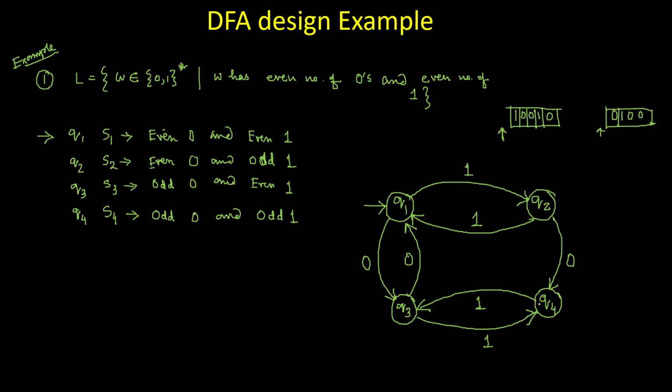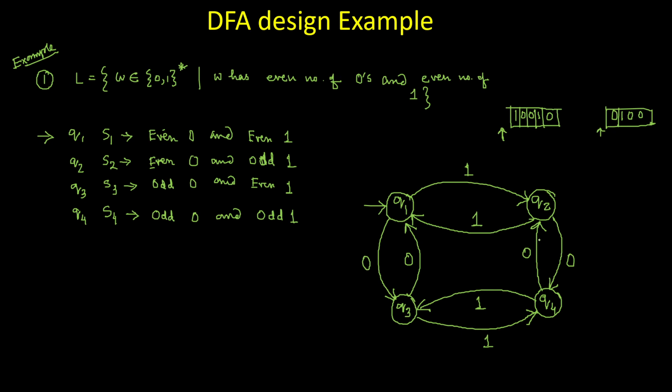Anyway, if you are in Q4, that means odd 0 and odd 1, and if you get a 0, it will become even 0, odd 1, and even 0, odd 1 is Q2, right? That means from Q4 we have a path to Q2 because of a 0. So your state diagram looks something like this.